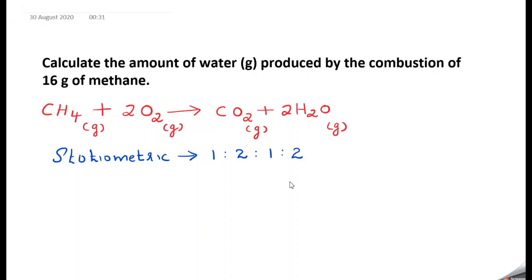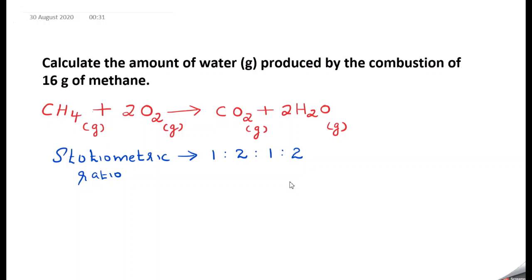Correct. How do we write the stoichiometric ratio? Basically, you know that we write it from a balanced chemical equation. Here 1 comes from methane, 2 comes from oxygen, 1 comes from carbon dioxide and 2 comes from water.